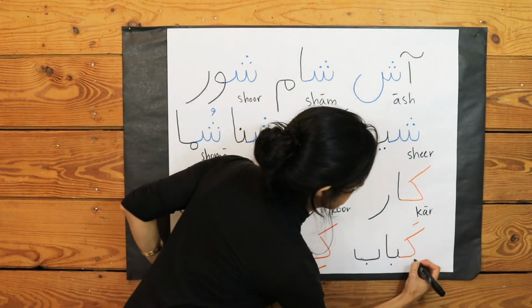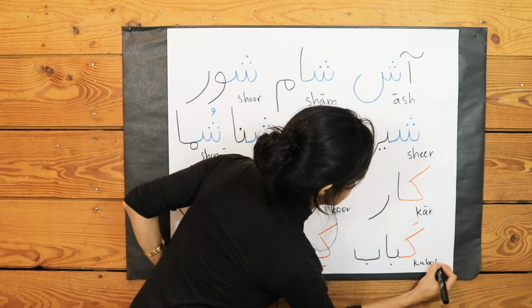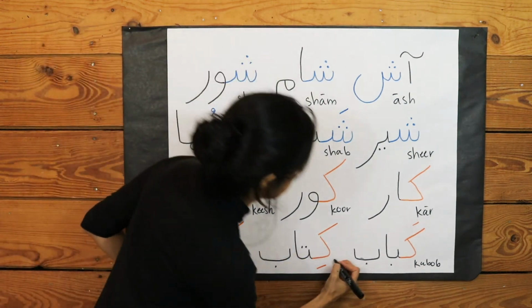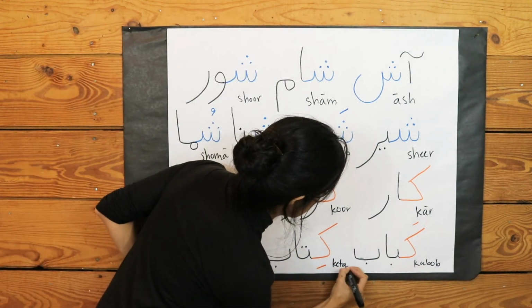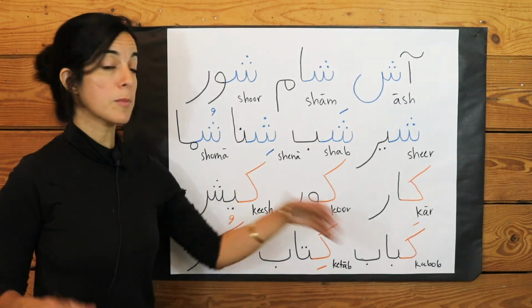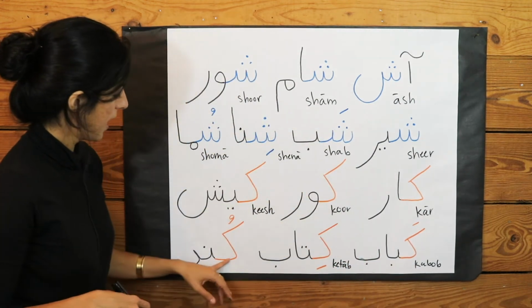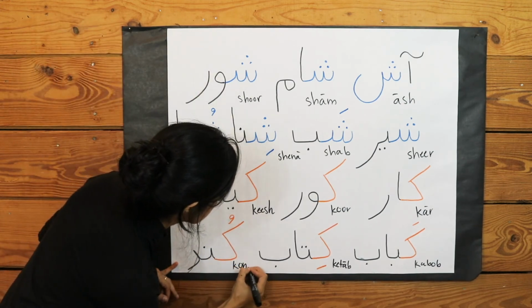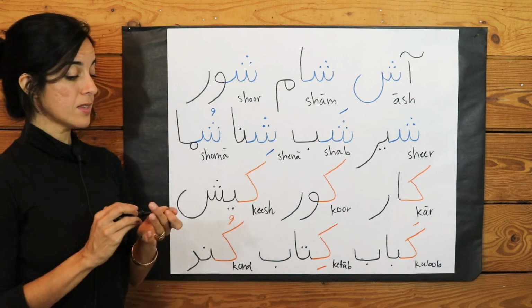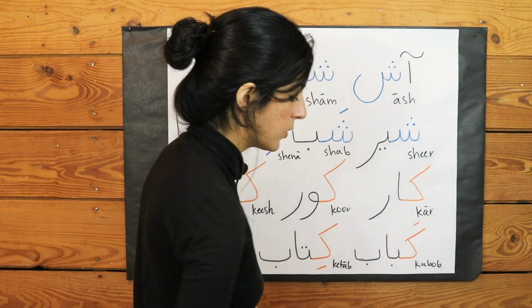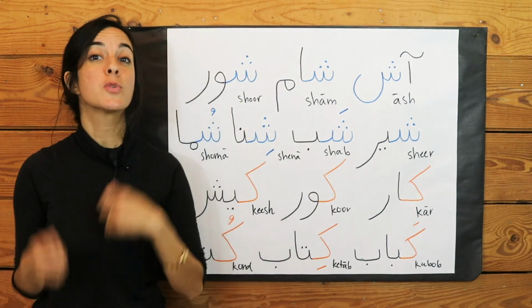Kebab, kitab, kitab meaning book, kebab needs no translation, and kond meaning slow. So she and ke, 2 new consonants for you to add to your tool belt.